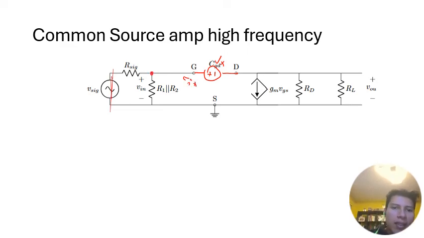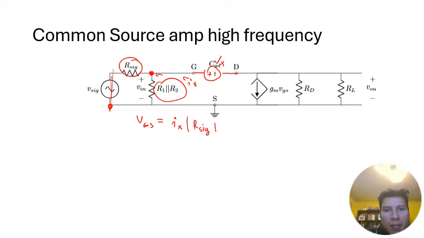One thing to note here is that if Ix flows into this terminal, that means that it has to flow through these three resistors in parallel, which means that the voltage from here to here, which is actually equal to VGS, has to be equal to Ix times R sig in parallel to R1 in parallel to R2.